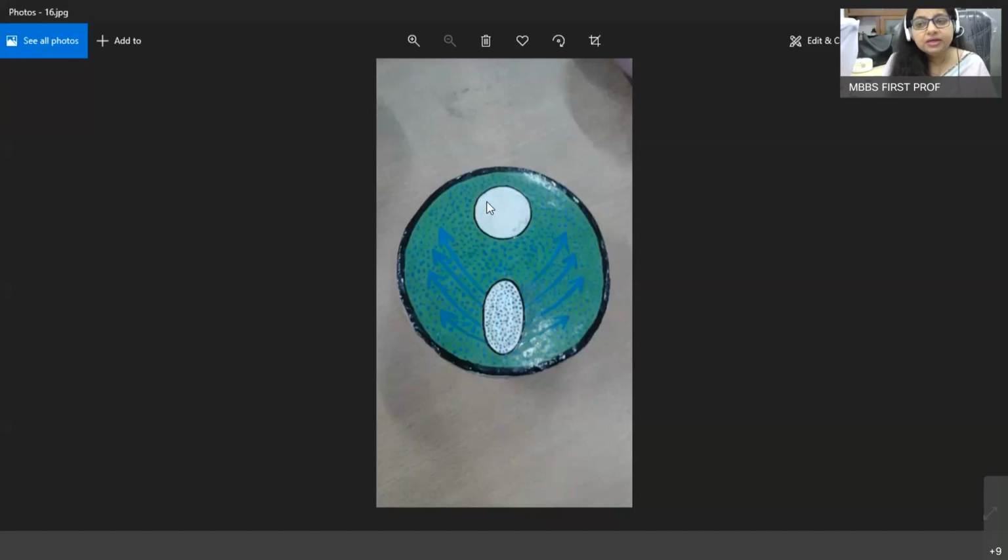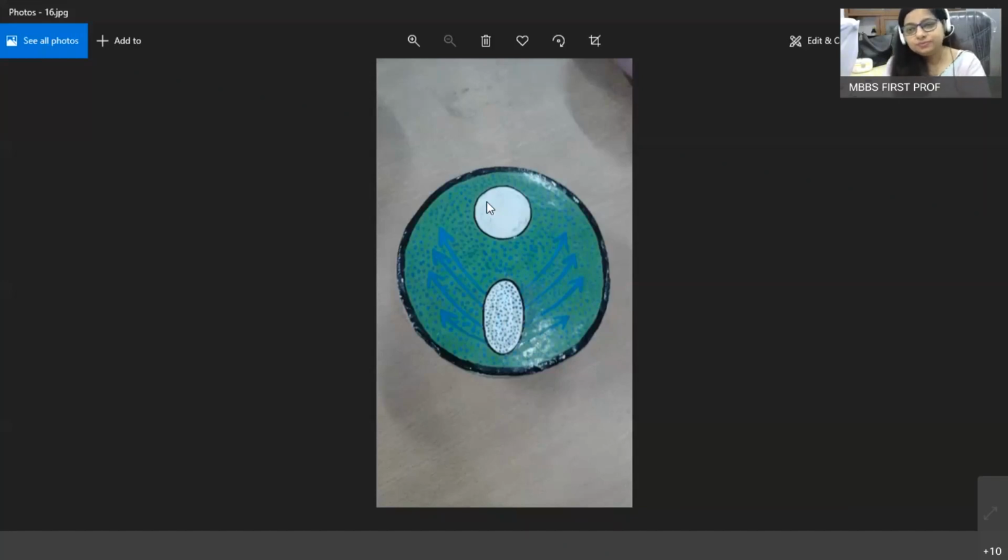ठीक है? Pear देखा है? What is pear? Pear shaped is... बताइए भाई. It's a fruit. अब आप ही बताइए तभी आगे बढ़ूंगी मैं.